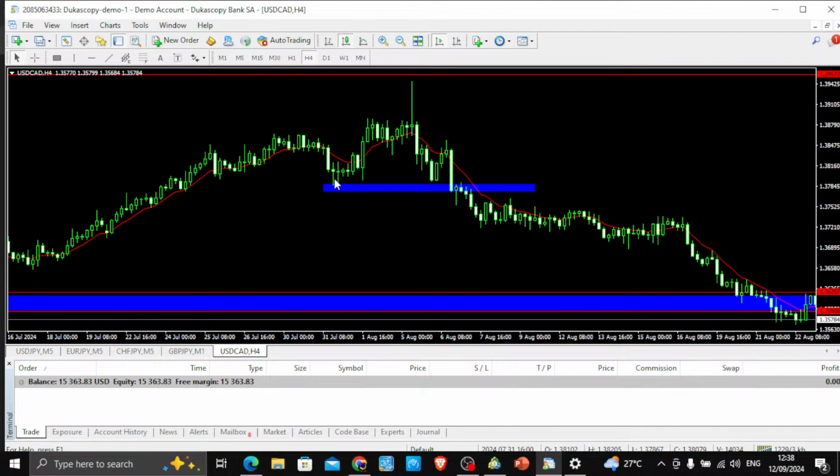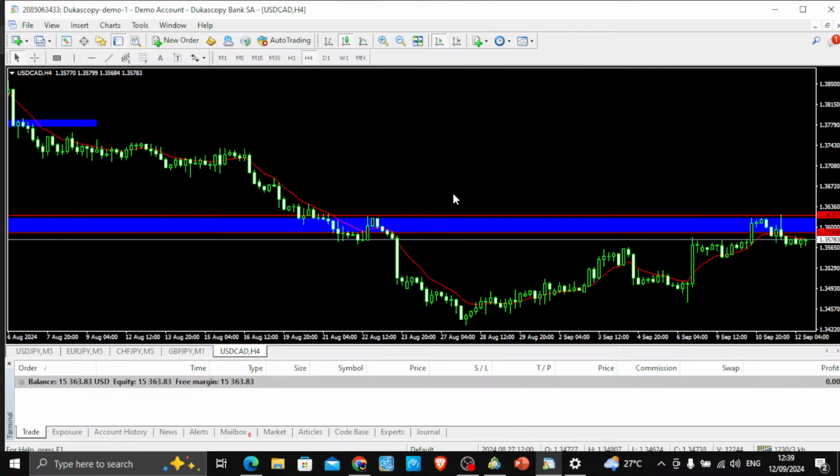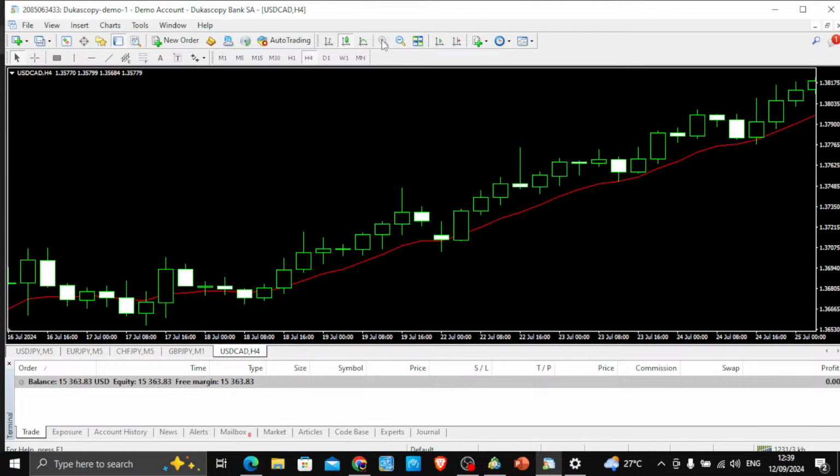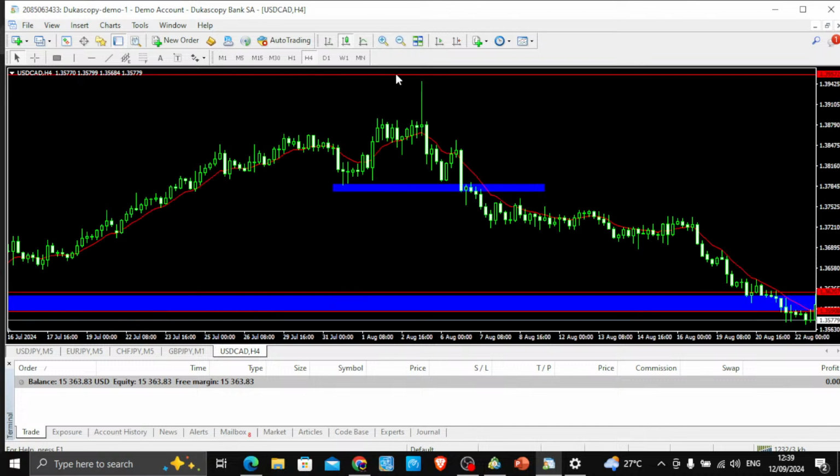On this 4 hours, it was moving up, it came down and moved up again. Then it broke down a little. Let me zoom out a little. Look at this candle here.